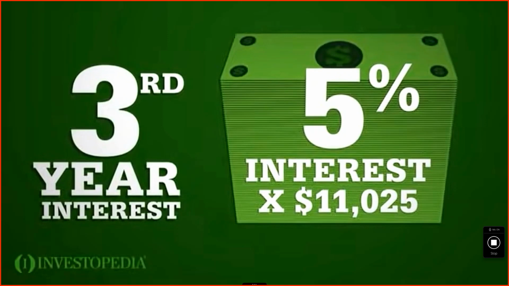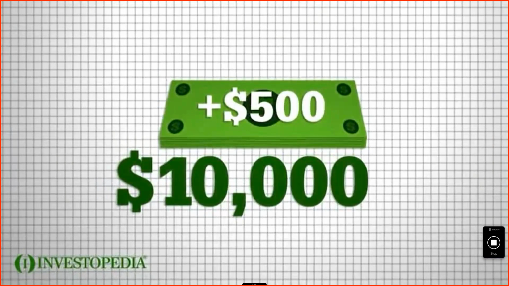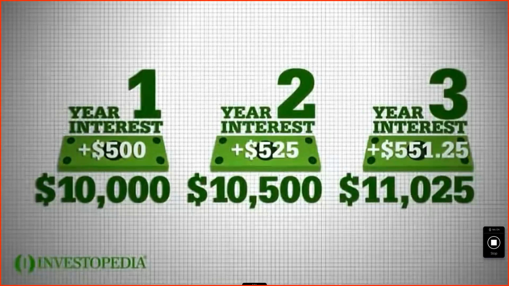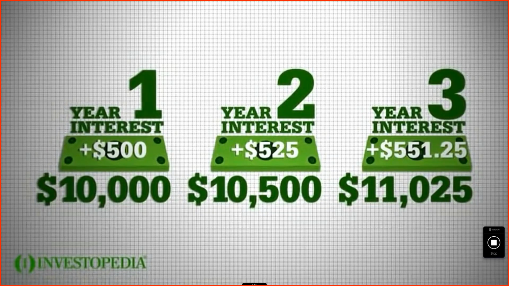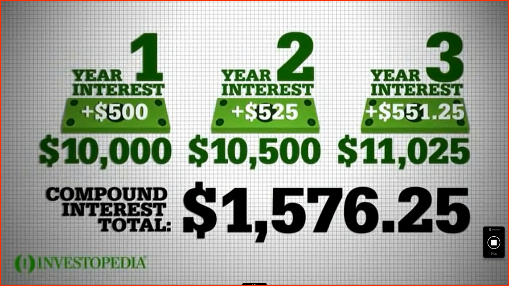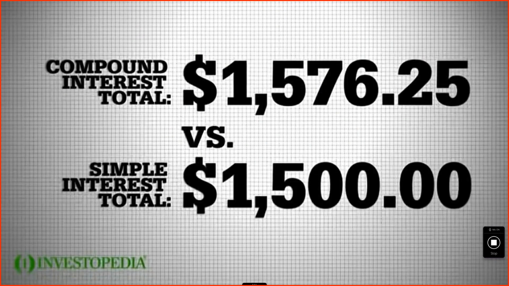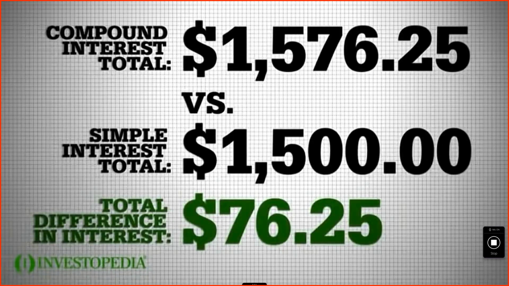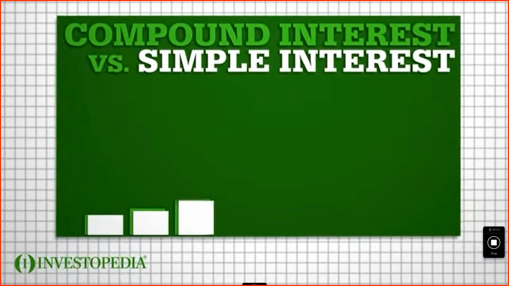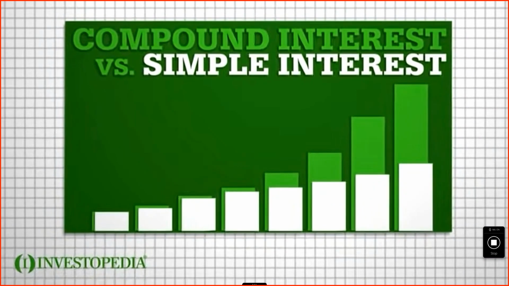In year 3, you earn 5% interest on $11,025, $10,000 plus $500 year 1 interest plus $525 year 2 interest, or an interest payment of $551.25. In total, you earn $1,576.25 in interest over 3 years with compounding interest versus $1,500 with simple interest, a difference of $76.25. The effect of compounding becomes especially powerful over longer time periods as the amount of earned interest becomes larger and larger.